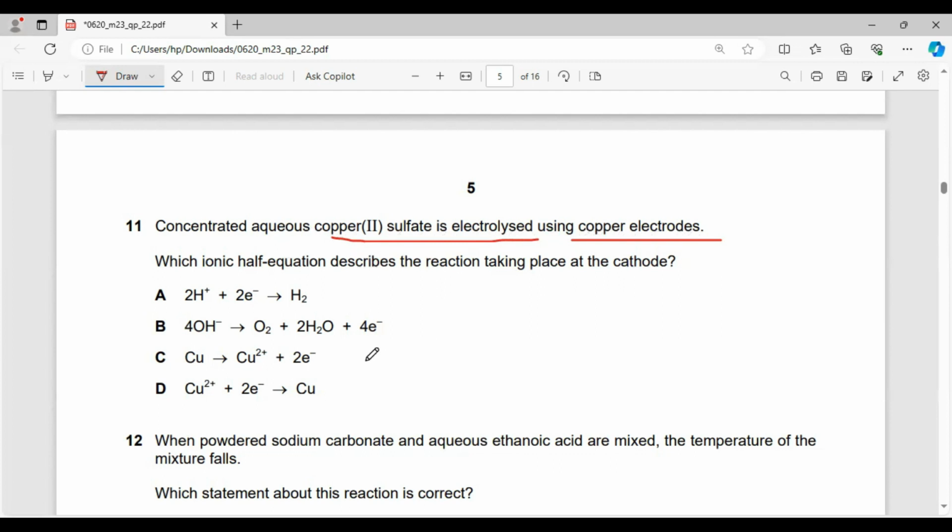As we know that copper is deposited, option A and option B are cancelled first of all. In case of C and D, as copper is deposited, it means copper ions gain electrons from the cathode and then form copper which is deposited. That is why option D is correct, where the copper cations are gaining electrons to form copper to deposit on the cathode.